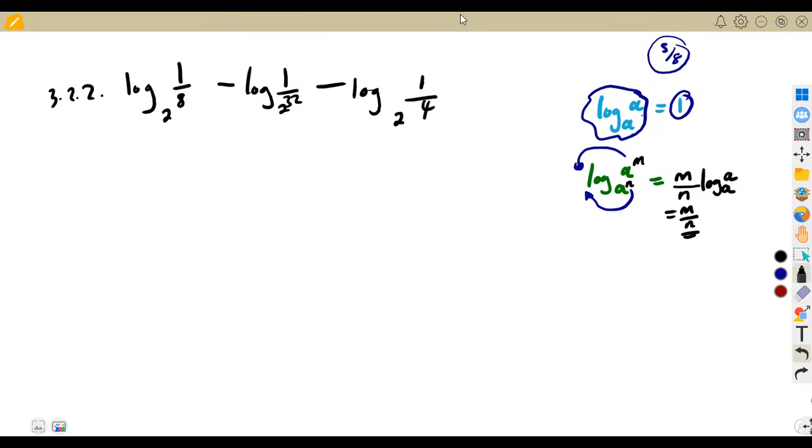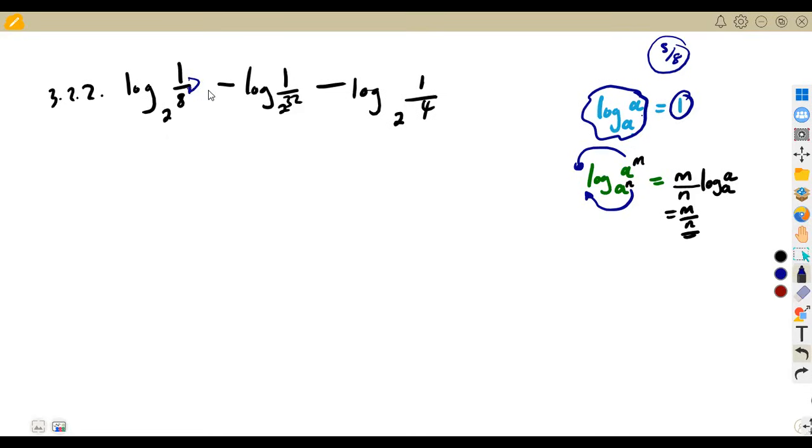So if we check already, there is something common here, which is the base. So we can apply our laws of logarithms, that if you are subtracting, we are going to divide, which is fine. But also, avoiding that, we can just express these numbers.